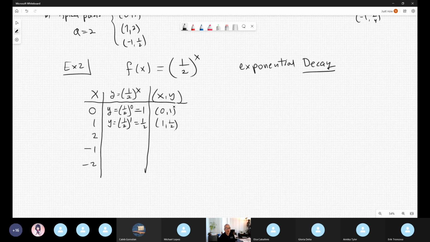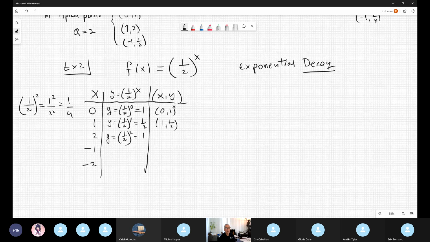And 2 is 1/2 raised to the second power, which, using the property of the exponent, is equivalent to 1 squared over 2 squared. 1 squared is 1 and 2 squared is 4. It's 1 over 4. And the point is 2, 1 over 4.